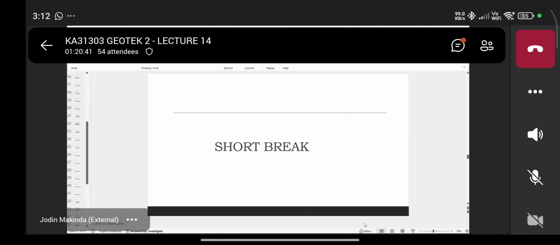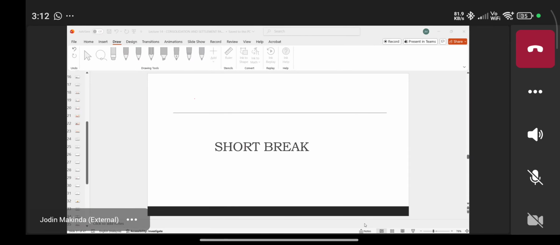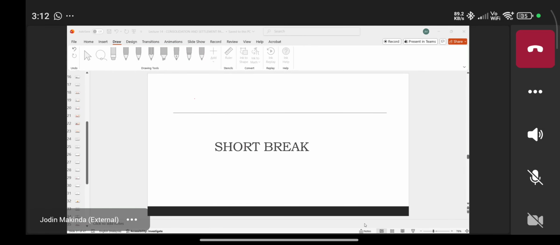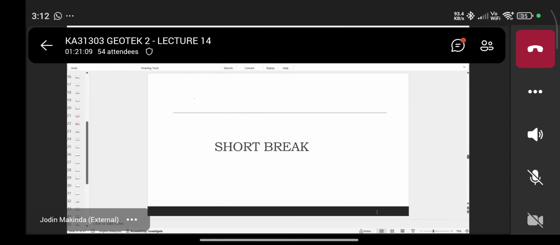There will be 2 questions. Question 1 is retaining structure design.